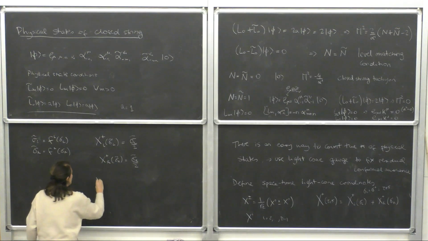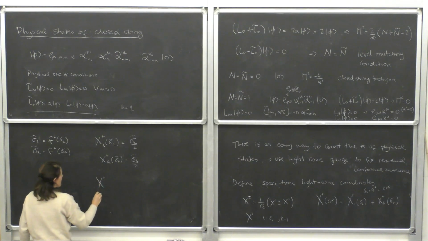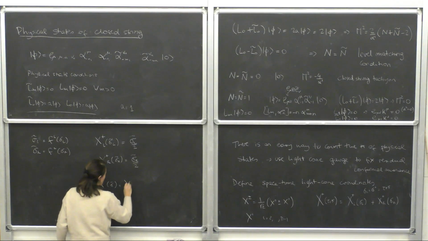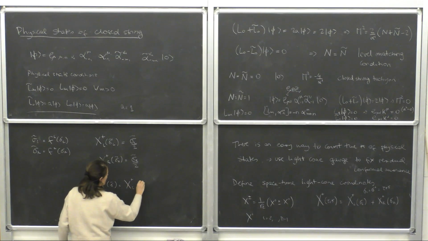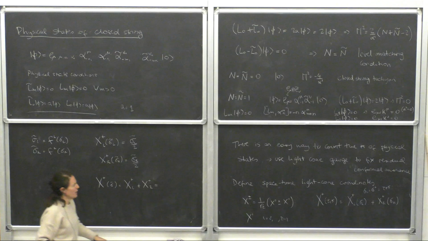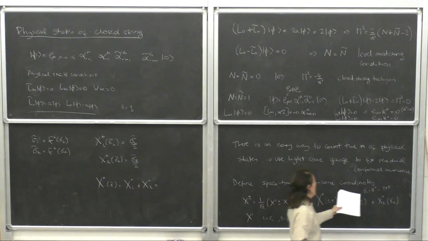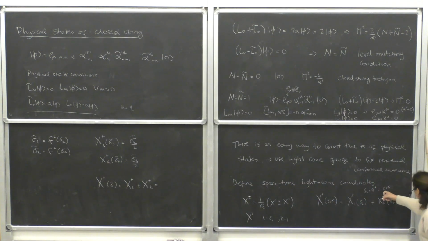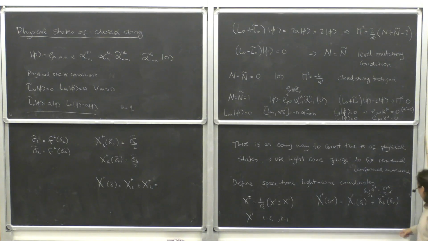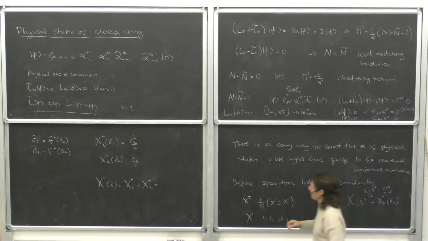So this means that x plus, which depends on sigma tilde, is x plus left plus x plus right, which is sigma tilde left plus sigma tilde right. Sigma tilde left is tau tilde plus sigma tilde, sigma right is tau minus sigma. If I add these, what I get is just tau tilde.